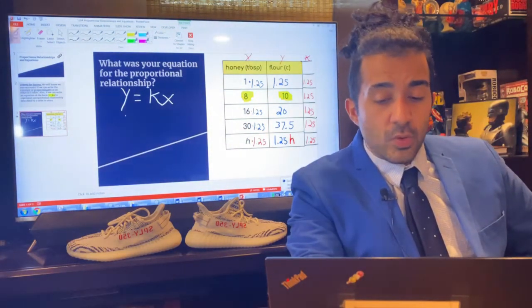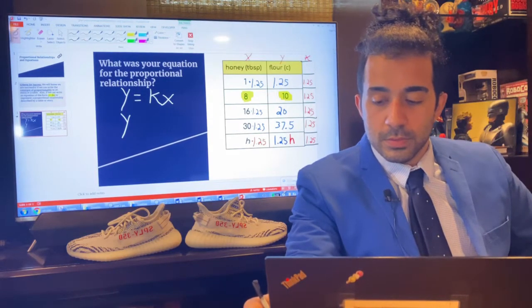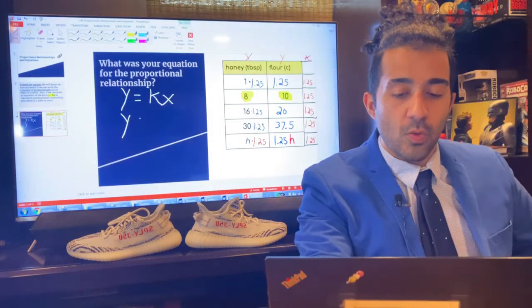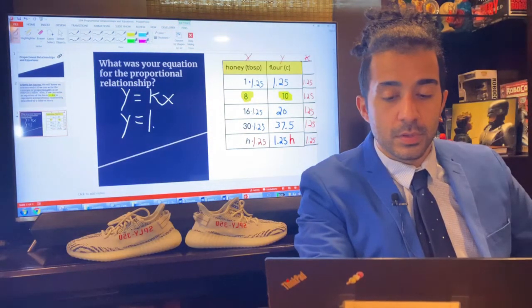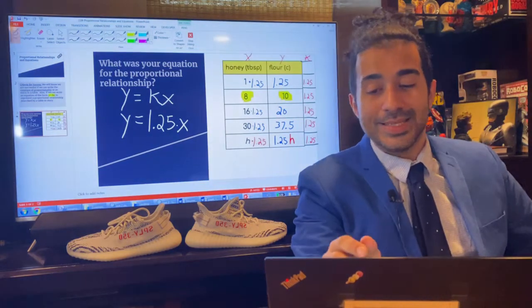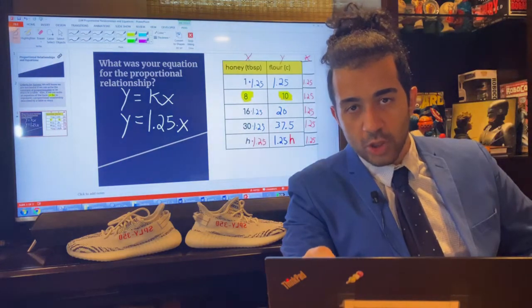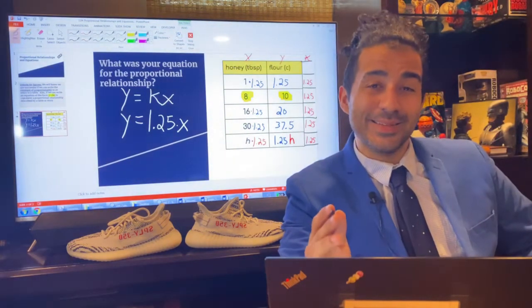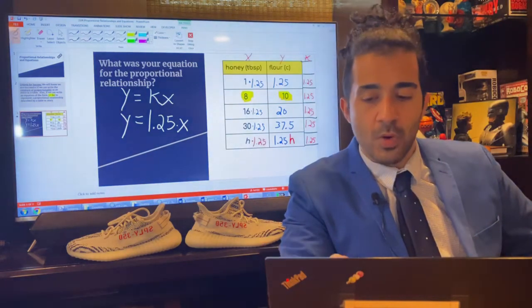I'm going to rewrite this as y equals. Now, what did we determine k to be? We determined that k was 1.25. And x. What this equation is saying is that the values that would be in the y column can be determined by multiplying the number in the x column by the constant of proportionality.